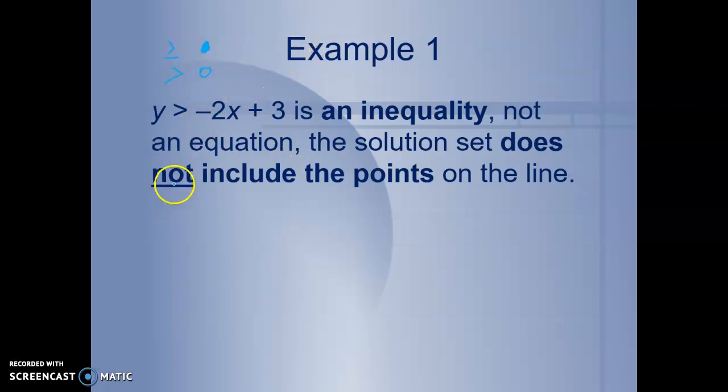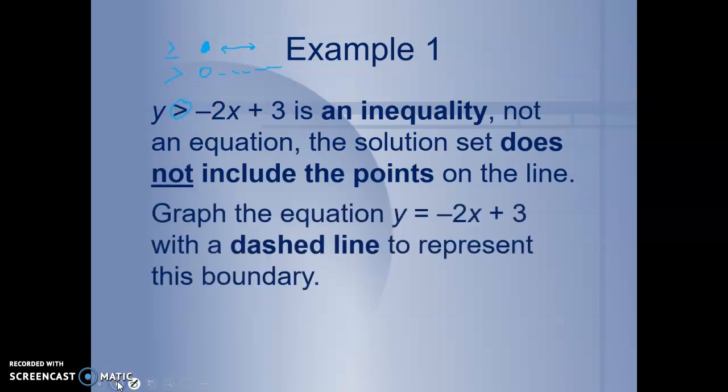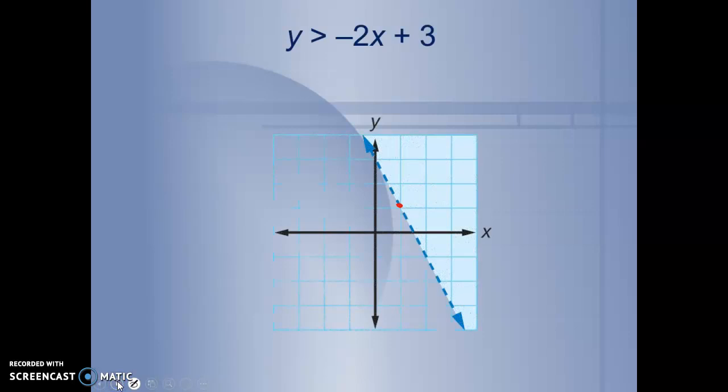Well, when we're graphing linear inequalities, like these, to show that a point is included, if it's greater than or equal to, instead of a solid dot, we'll use a solid line. And if it's less than or greater than, if the point's not included, we'll use a dotted line. And in this case, it's not included, so we need a dotted line or a dashed line.